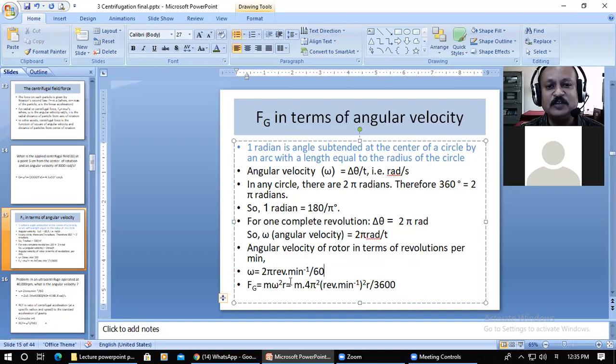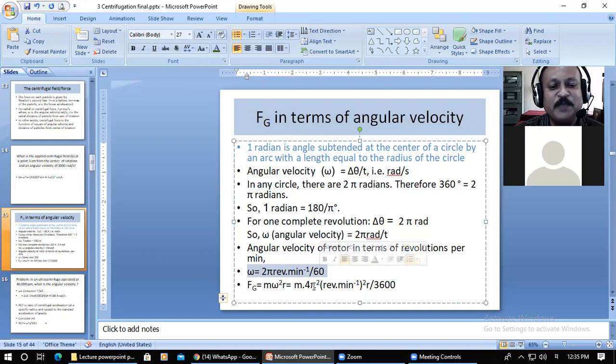So angular velocity can be given by 2 pi revolution per minute per 60 seconds. Now, if this term is put in the equation for the centrifugal force, we know that centrifugal force is given by m omega square r. That will be equal to m multiplied by 2 pi square, so that becomes 4 pi square, since 2 square is 4.